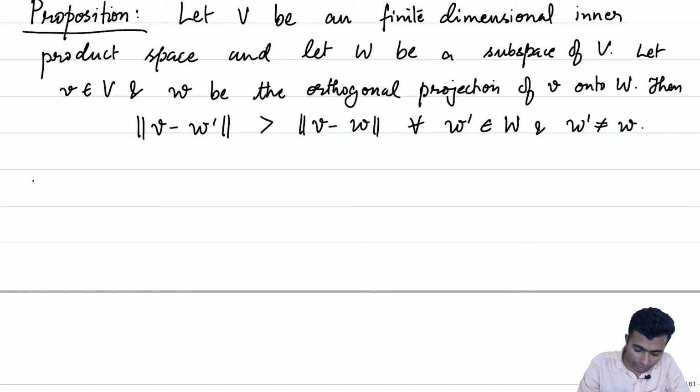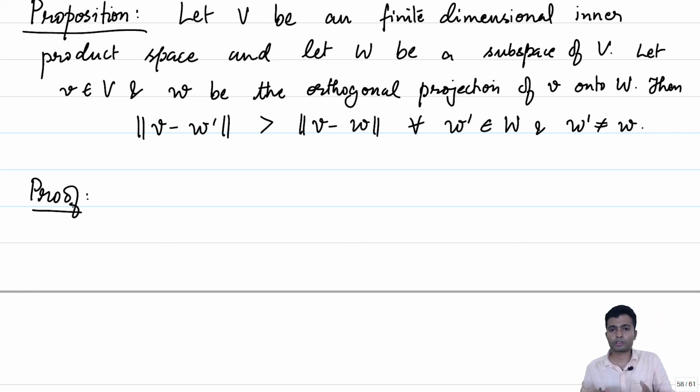So, let us give a proof of this. This is the closest approximation in that subspace that we have of this particular vector V. Okay, so what do we have? What do we know about the vector V?